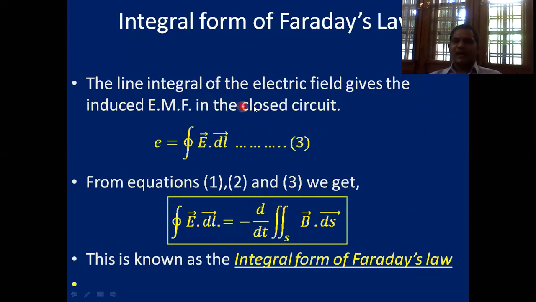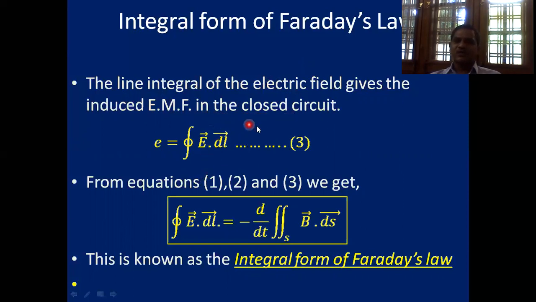Therefore, the line integral of the electric field gives the induced electromotive force in the closed circuit, equal to the closed integral of E bar dot dl bar, equation 3. This is the important expression. The line integral of the electric field strength along that closed curve is the induced electromotive force in the closed circuit.